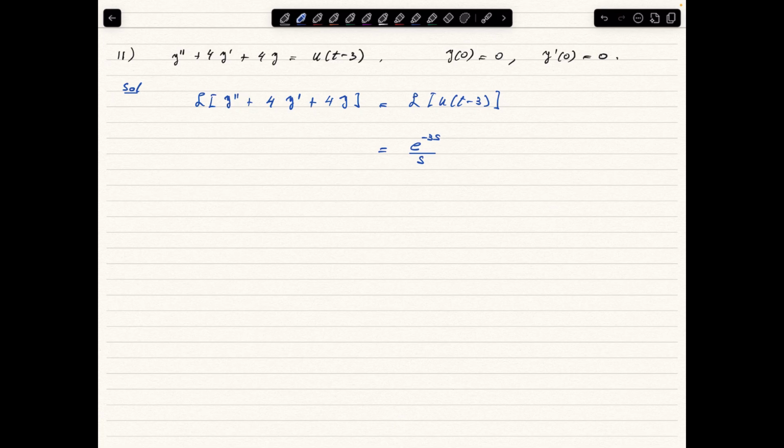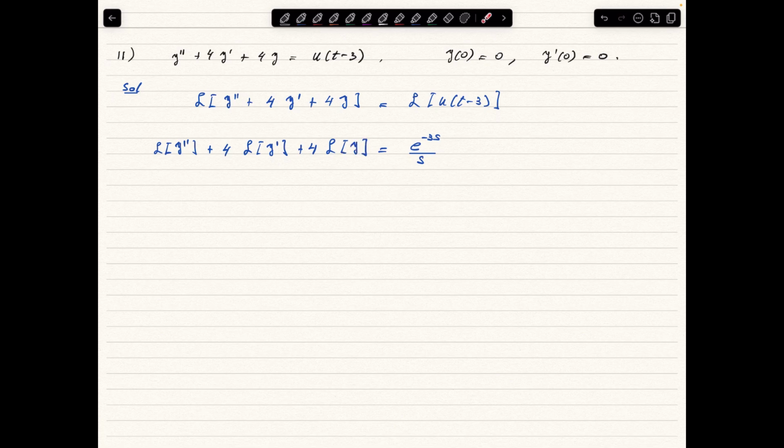On the other side, this is equal, by linearity of the Laplace transform, to the Laplace transform of the second derivative plus 4 times the Laplace transform of the first derivative plus 4 times again the Laplace transform of the function.